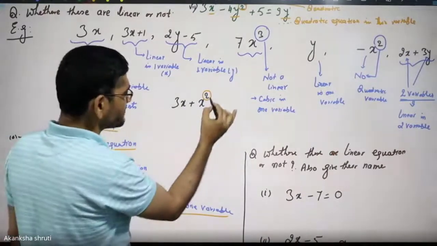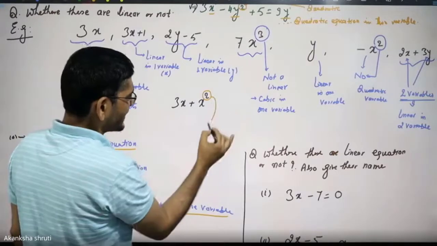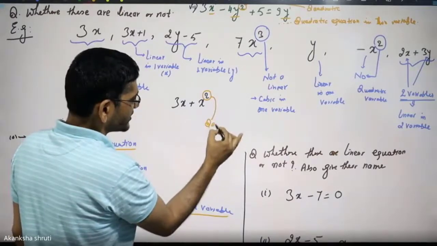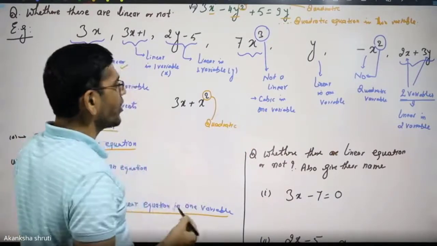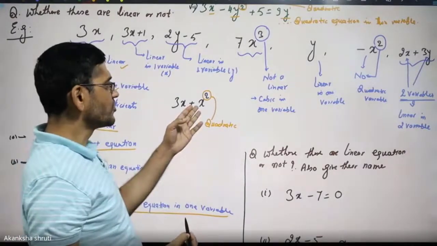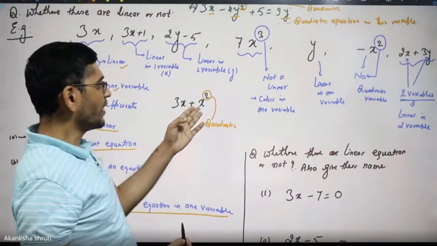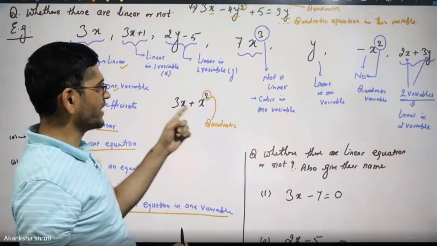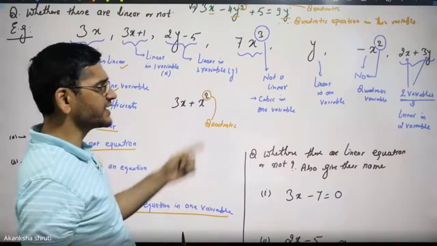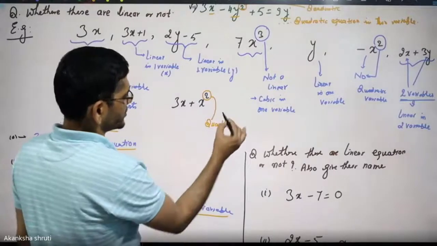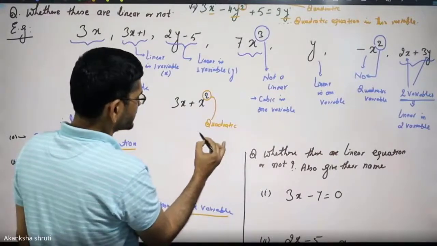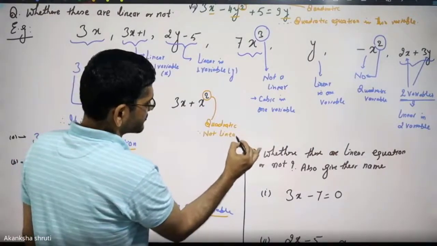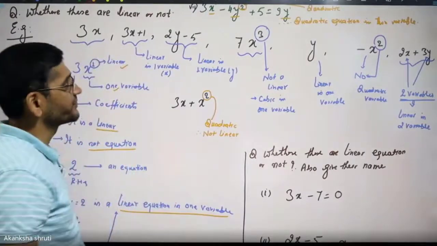So the highest power we have to see, and it is now quadratic, meaning it is not linear, because more than one power of x is present here. x to the power 1, x square. So this highest power we need to consider. So it is not linear. That also we have to keep in mind.